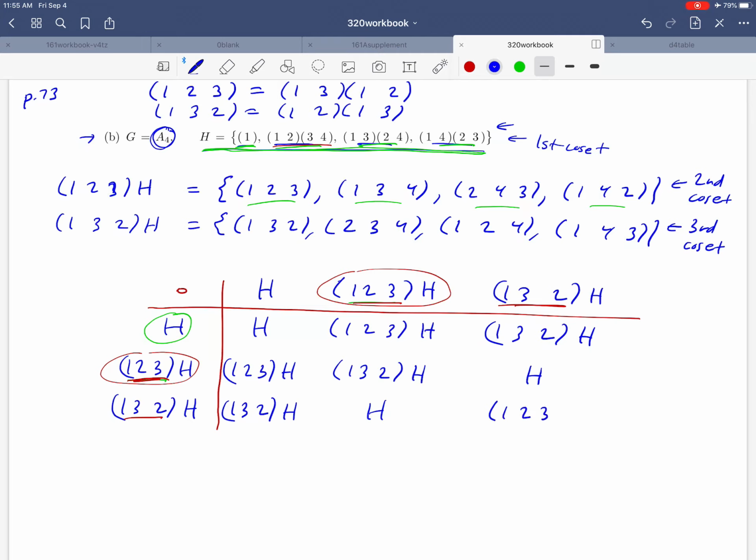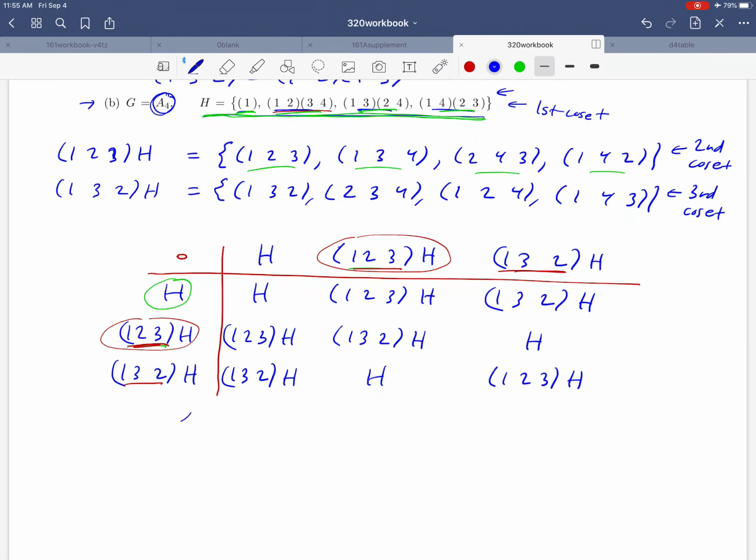It's got to be (1 2 3), since that has to appear in every row and column of our table. All right, so we are done. Just to put it into words, what we just calculated is the Cayley table for the factor group A4 mod H.